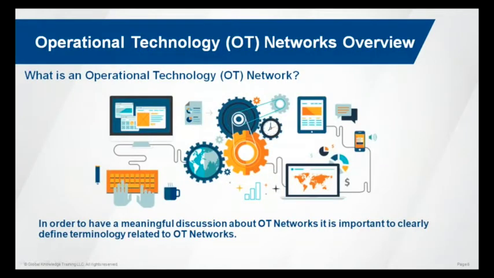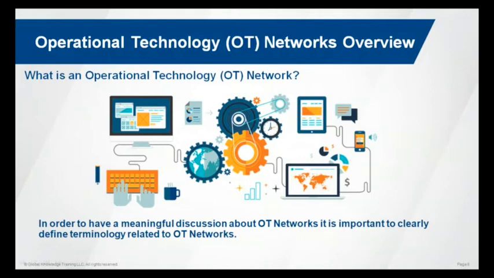But before we can even go further, let's take our time and try to define what an OT network is. Once we do that, it will help us have a better understanding going forward.